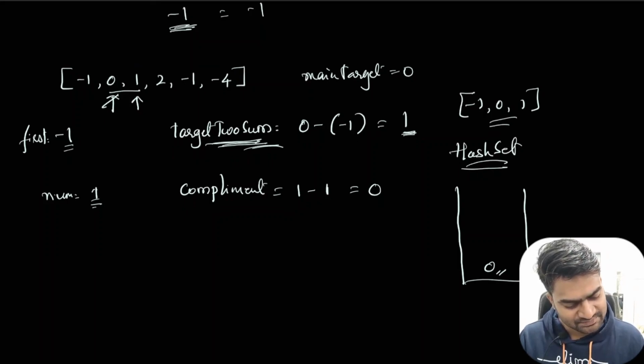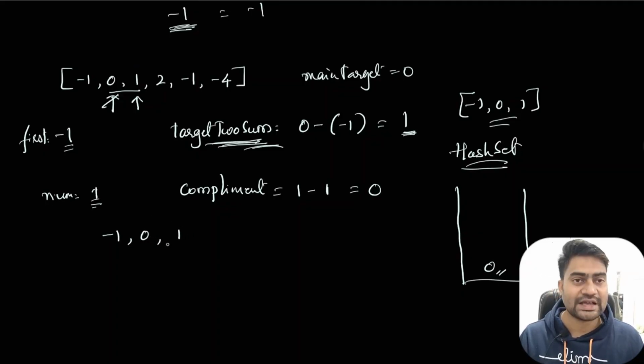So my first number is -1, my second number is 0, which is the complement, and my third number is the current one being processed. Now I got the triplet, but there is also one more condition they have mentioned.